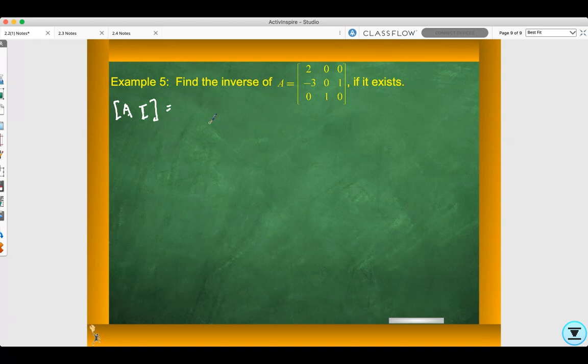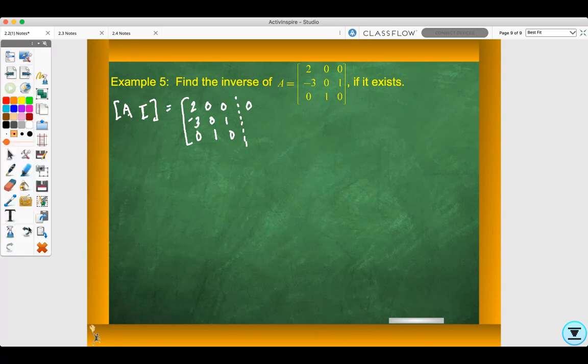So A being 2, negative 3, 0, 0, 0, 1, 0, 1, 0. My identity matrix, if you want, you can put a dash line through. 1, 0, 0, 0, 1, 0, 0, 0, 1.